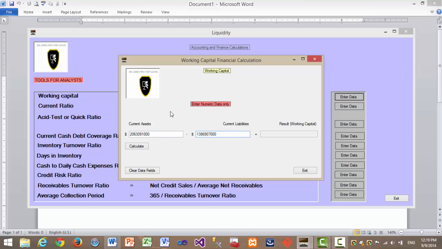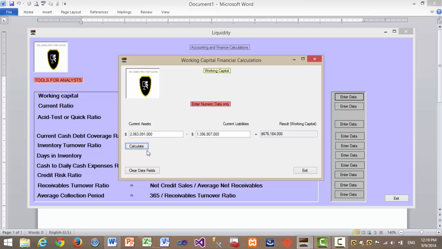Okay, and all you have to do after that is click on your calculate button to get the value of your working capital. Okay, and your value is $678,184,000.